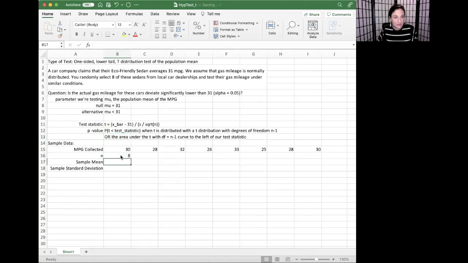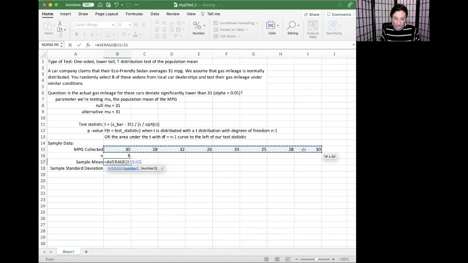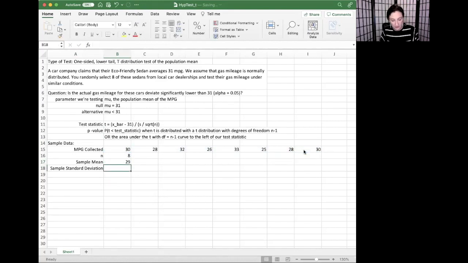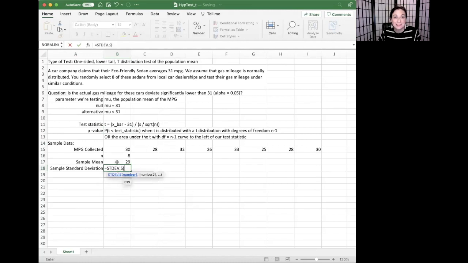So our n is 8. We already know that. We were given that in the question. And for the sedans, our sample mean is the average of our miles per gallon of our sample. The sample standard deviation is our standard deviation, dot S. Remember, we need to compute the sample standard deviation because we do not know the real value, right?